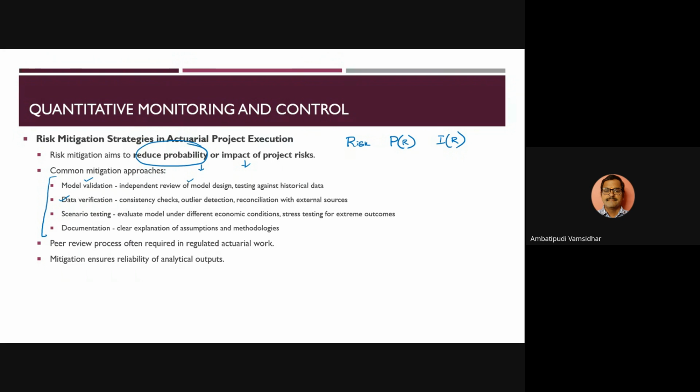You want to clearly understand what are the various assumptions, methodologies, and provide a detailed explanation for the same. So this is about the risk mitigation related strategies. You may want to get into those strategies as well.